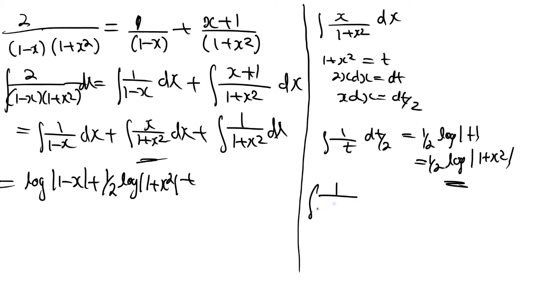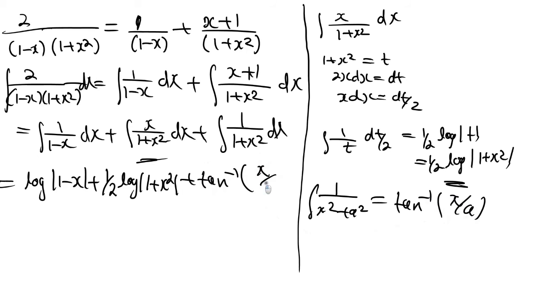Integration of 1 by x square plus a square, what is the value? It is nothing but tan inverse of x divided by a. So tan inverse of x divided by a, what is a value? A value is 1. So you can directly write tan inverse of x plus integration constant c.